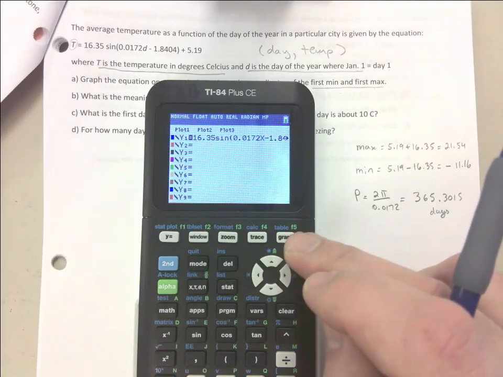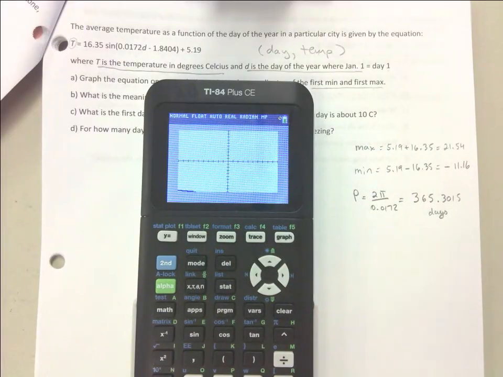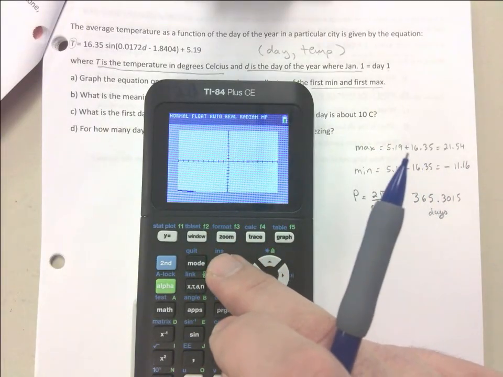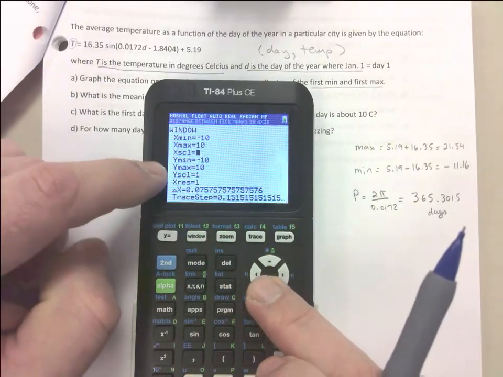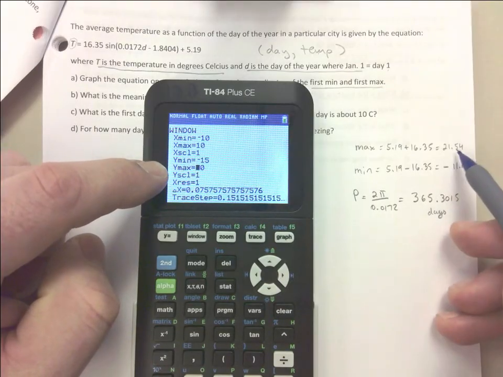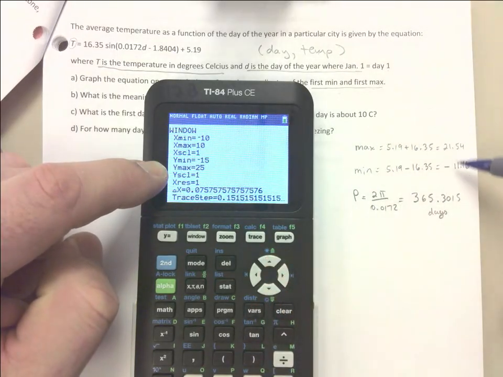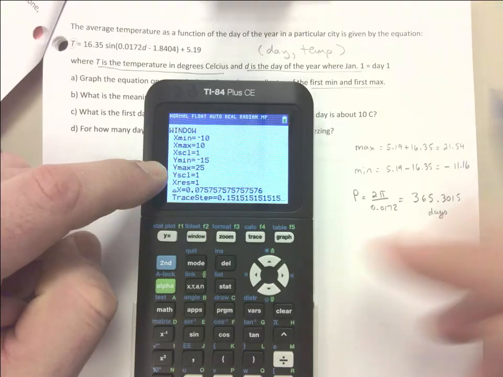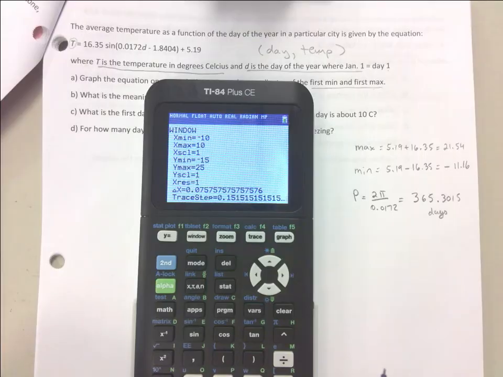I type that in. I'm going to do a zoom standard, and I'm going to go to window. I know that my min, I'm going to go to negative 15. My max, I'm going to go to 25, just to make sure I account for these two here. And my x min, I don't care about the negative, so I'm just going to go negative 5 there.